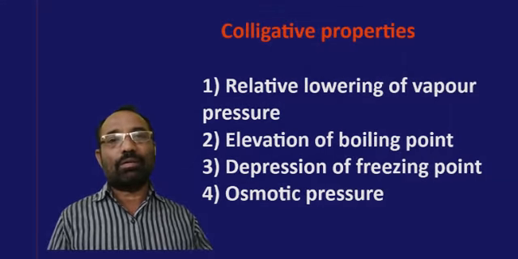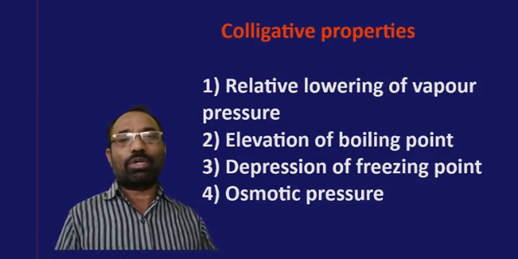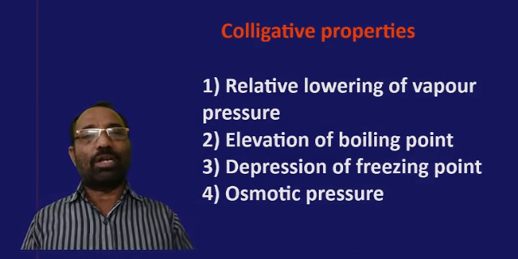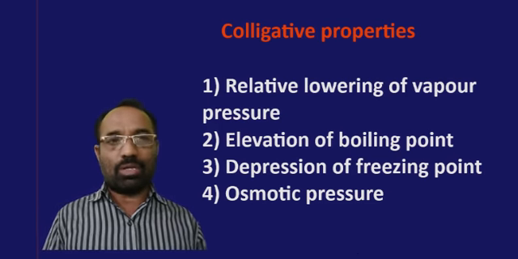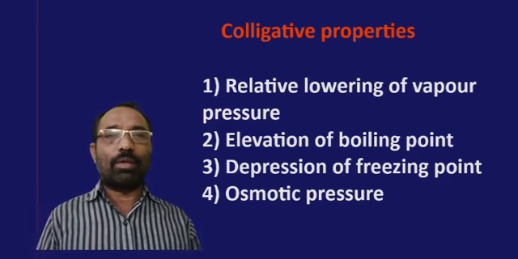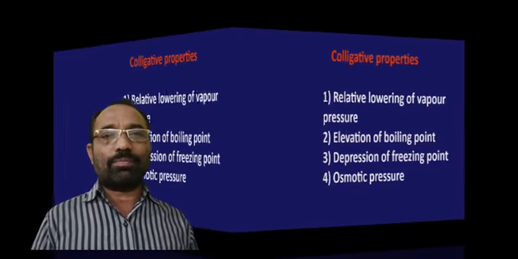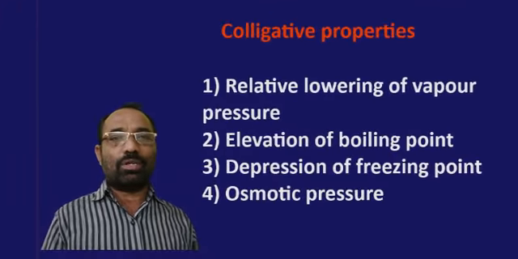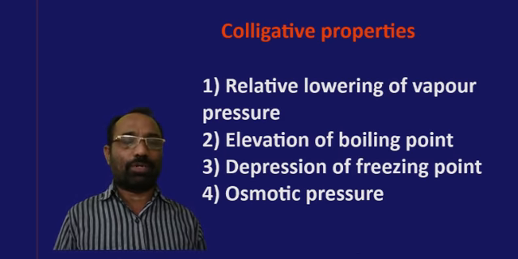Let us take pure water. To that water, add a little amount of sugar or salt. Observe the vapor pressure, boiling point, freezing point, and osmotic pressure of that solution.